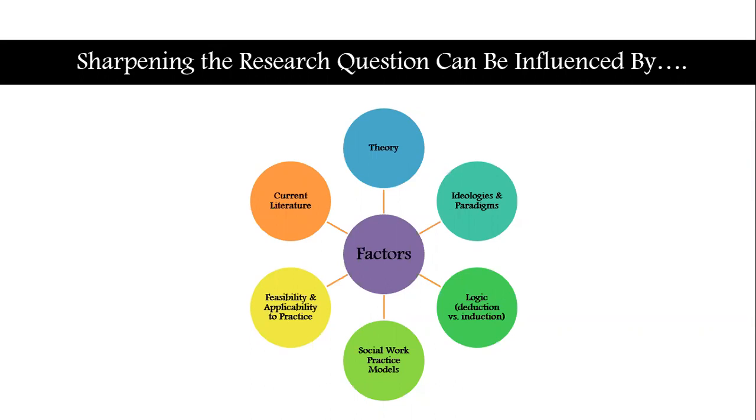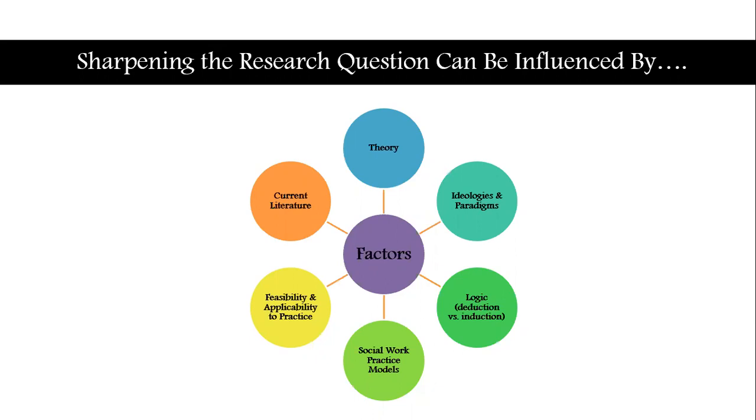Sharpening our question can also be influenced by social work practice models that we might find in the literature. It can also be sharpened by feasibility. Remember, I mentioned just a moment ago the importance of considering feasibility and applicability to practice. So as we examine our question, we can think about, is this question feasible given my agency context? Is it applicable to my practice?